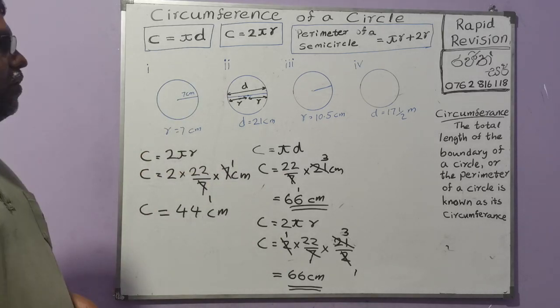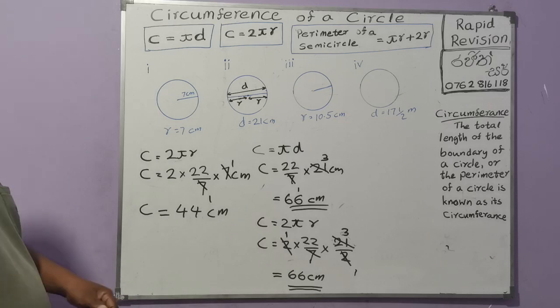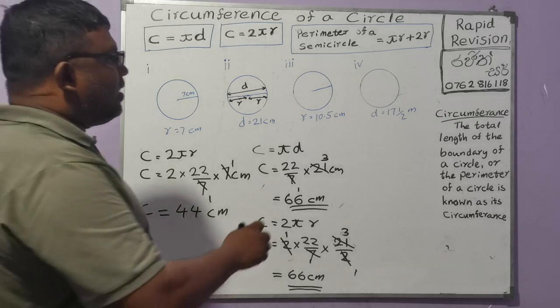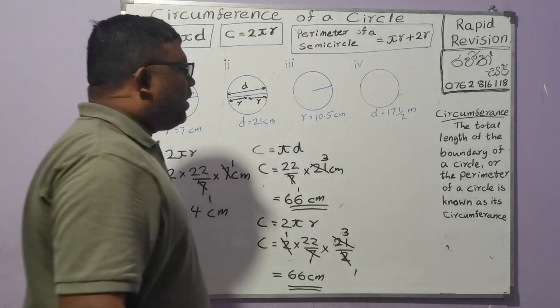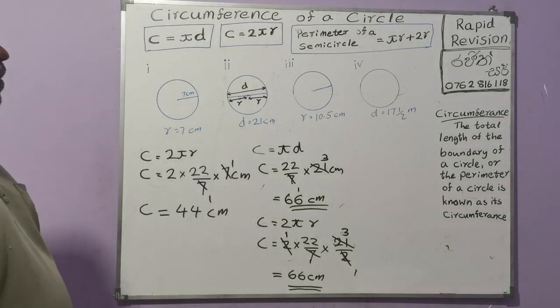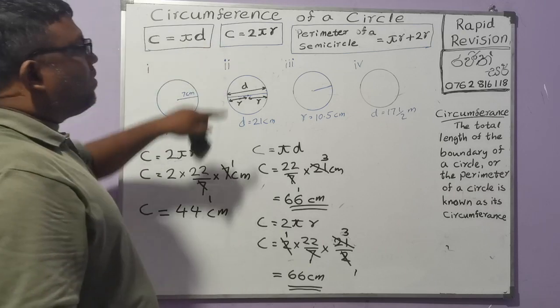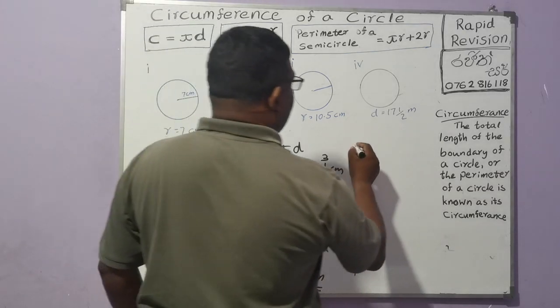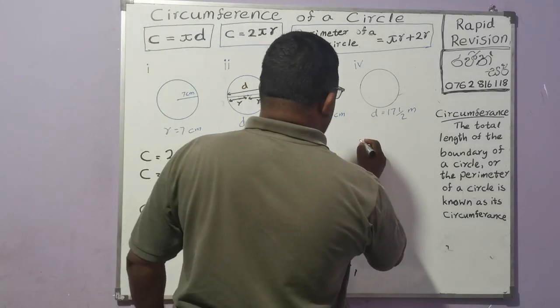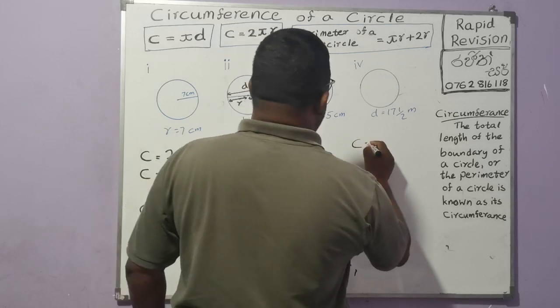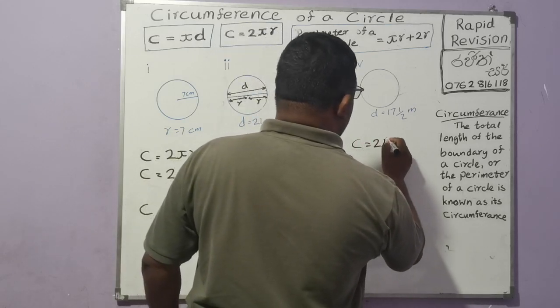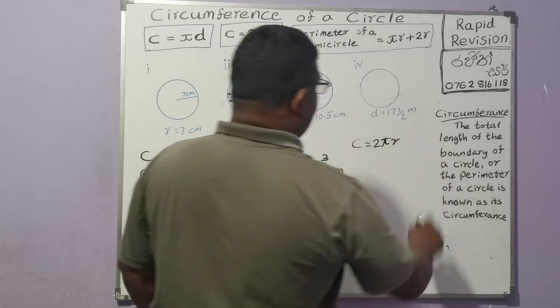Okay, we'll move to the third one that has given r is 10.5. The same equation you can use, because you have been given this r: C equals 2 pi r.